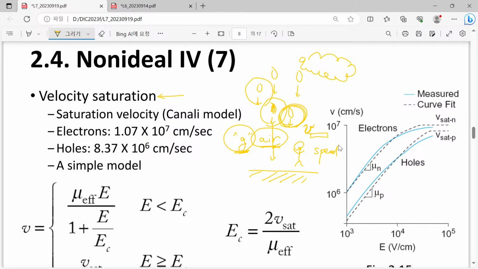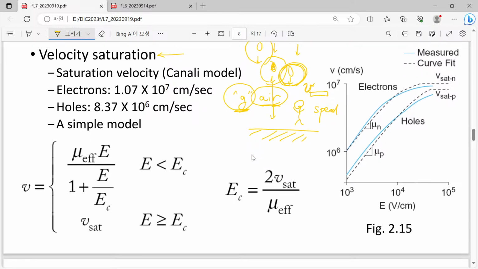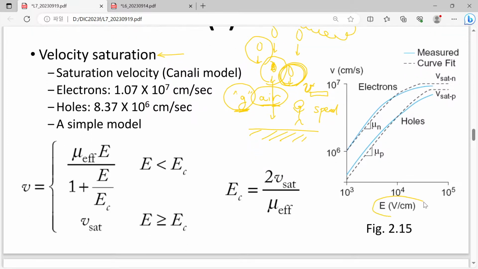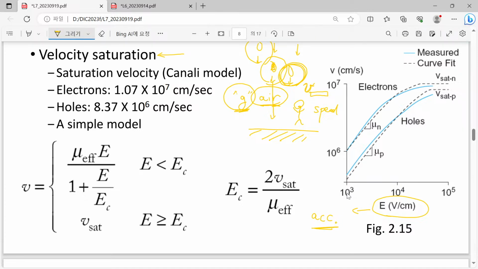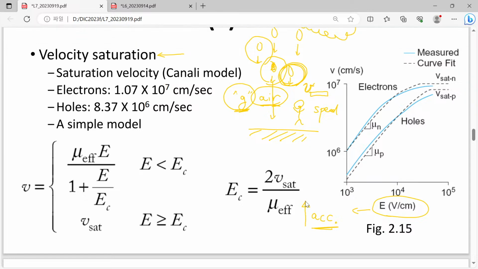It's like this phenomenon. You have an electric field, which works as an accelerating driving force. You are accelerating your electrons and holes, and if your acceleration is higher, you expect higher and higher electron and hole speed.